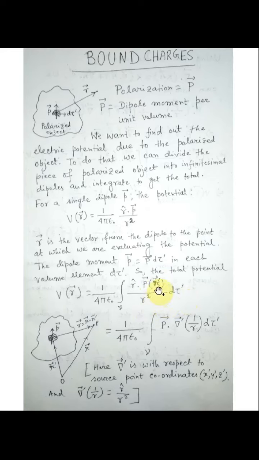Now what is this r prime? This r prime is the distance from the origin. Suppose this is the origin of a coordinate system, and this is the distance of this elemental volume from the origin. The distance from the origin to the point P where we want to find the potential is this tilted r.